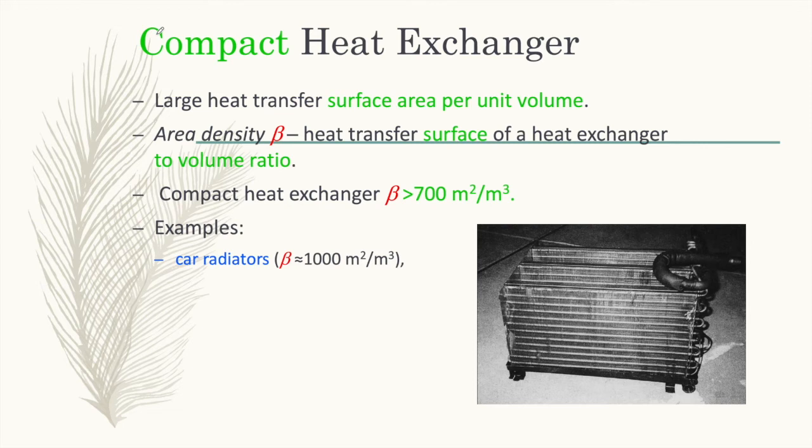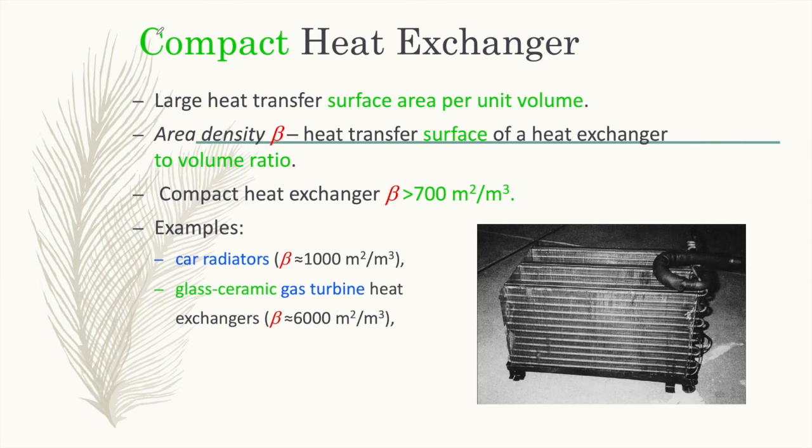In a car radiator, which is a water to air compact heat exchanger, for example, it is no surprise that fins are attached to the air side of the tube surface. That is one example, the car radiator.